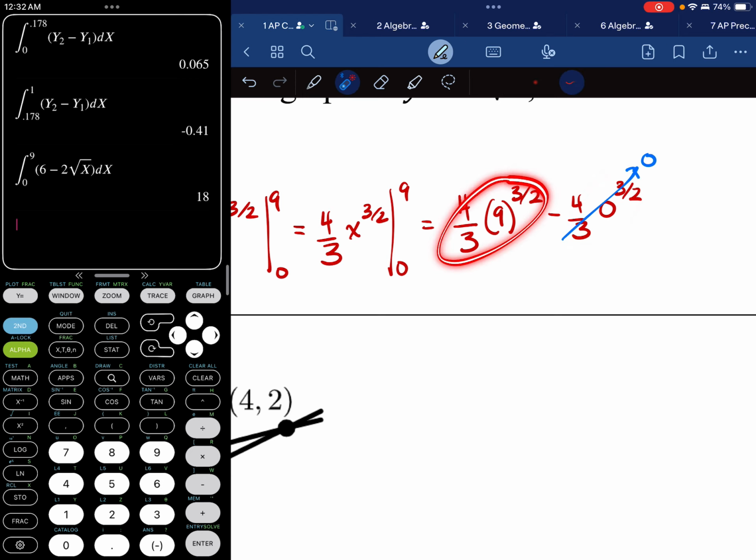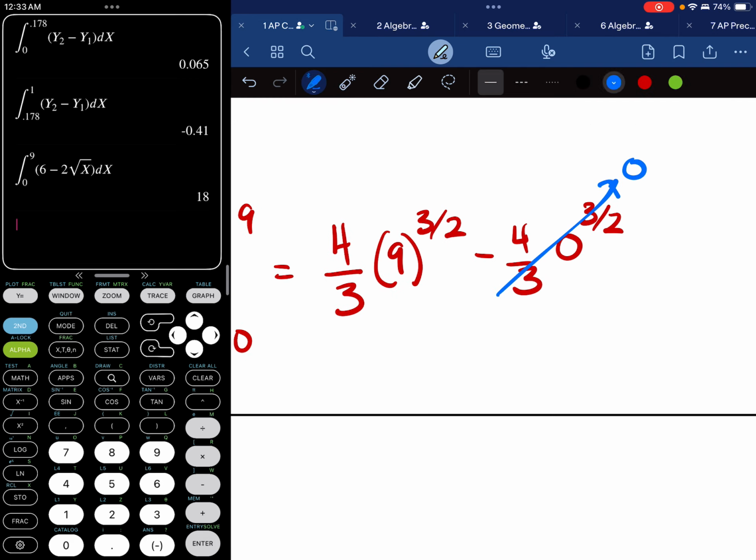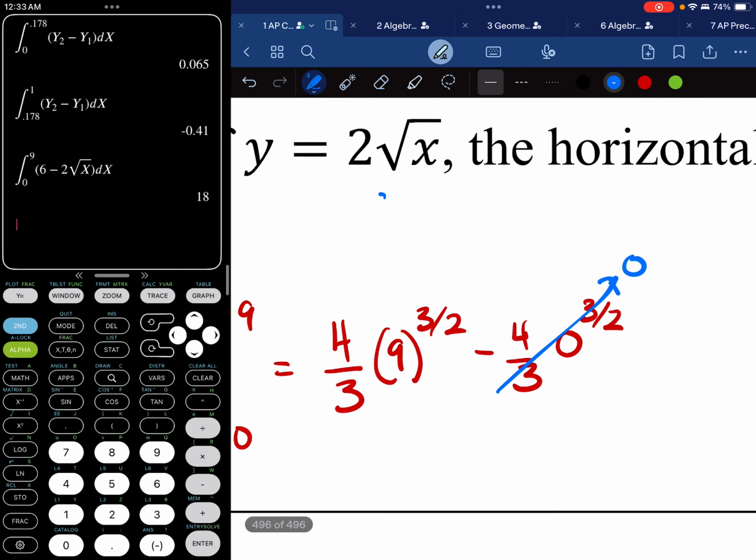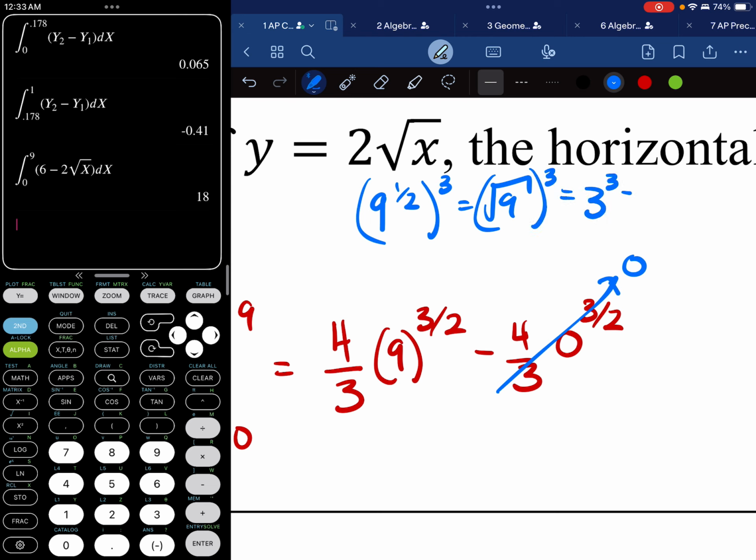I only need to worry about the first part. 9 to the power of 3/2 is the same as 9 to the power of 1/2, to the power of 3, which is the square root of 9 cubed, which is 3 to the power of 3, which is 27.